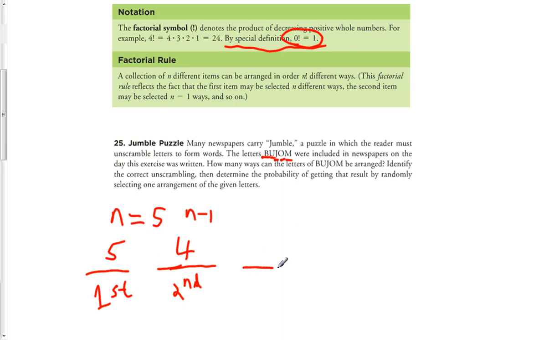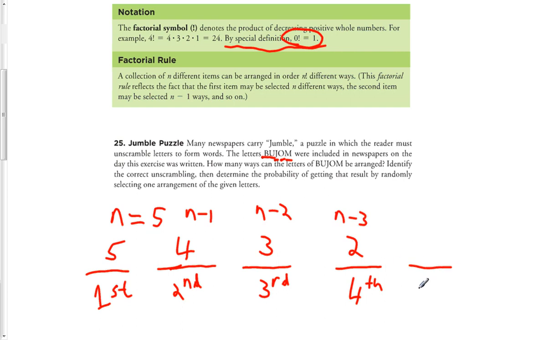And the third choice, you only have 3 things to choose from, which is n minus 2. The fourth choice, you only have 2 things to choose from, which is n minus 3. And the fifth choice, there's no longer any choice. There's only one thing left. It's n minus 4.